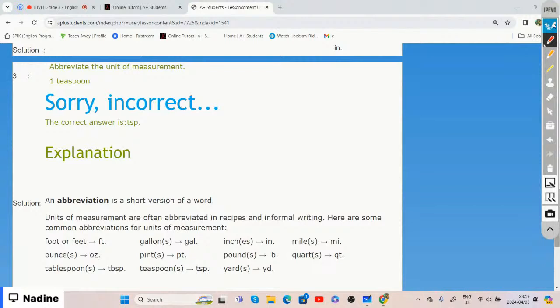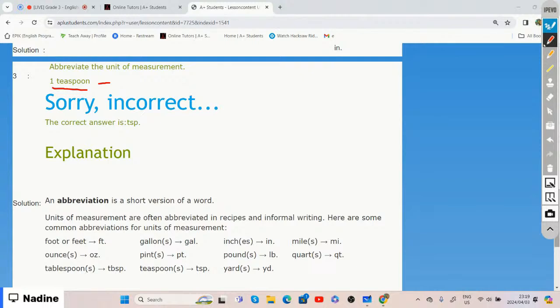So we need to give the abbreviation for teaspoon.